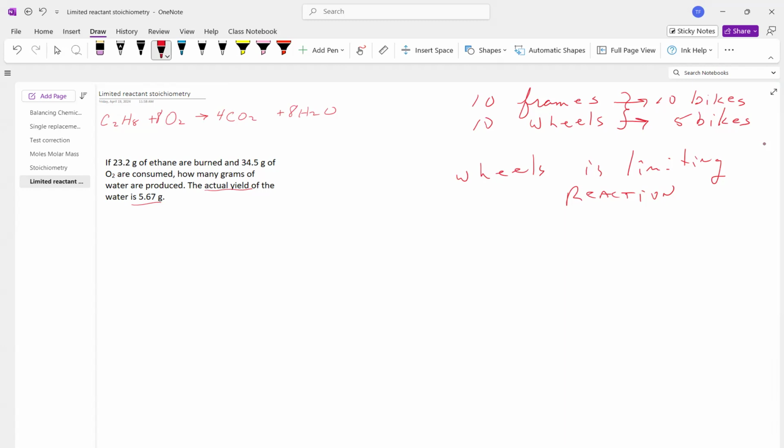And then, how many frames were left over? 5. We needed to figure out, with 10 wheels, how many frames did you use? 5. What did we start with? 10. 10 minus 5 is 5.